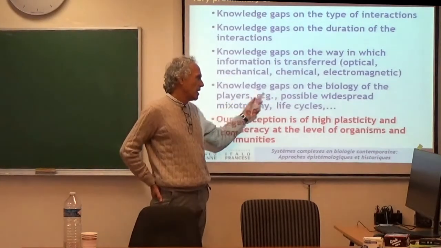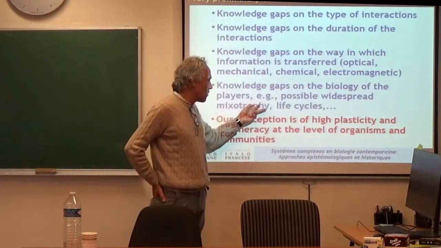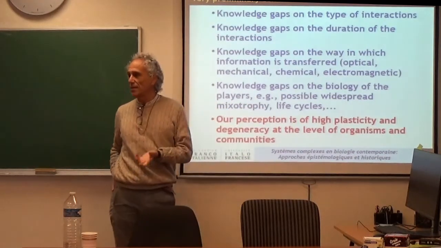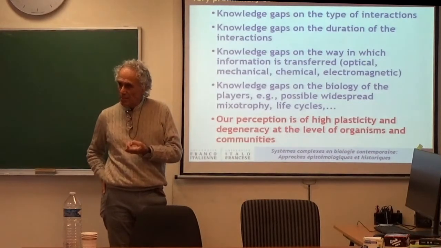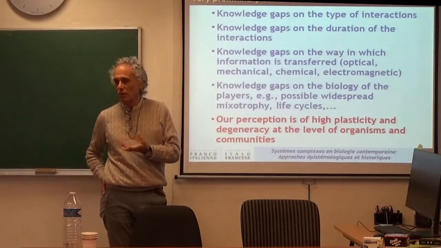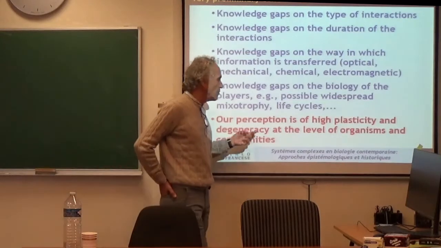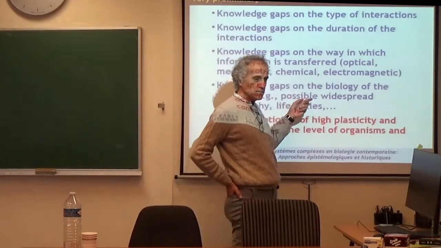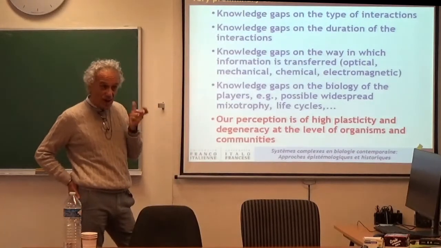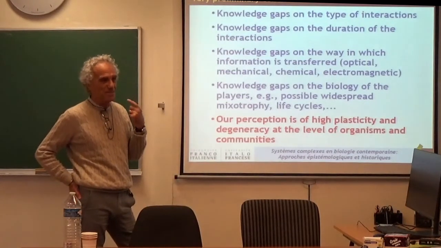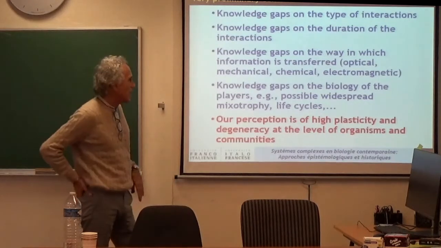For example, we don't know how important is mixotrophy. Mixotrophy is another thing that is quite present in marine systems, whereas not so common on the solid Earth. And we don't know too much about life cycles, which are probably the system that organisms use to synchronize their presence or absence from the environment, despite the fact that they are moved around.